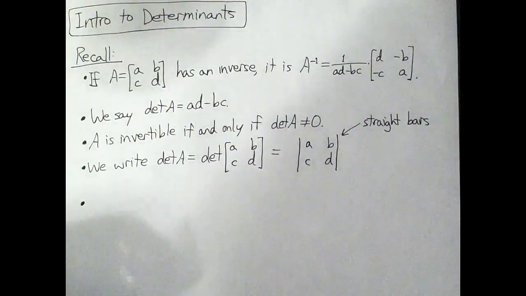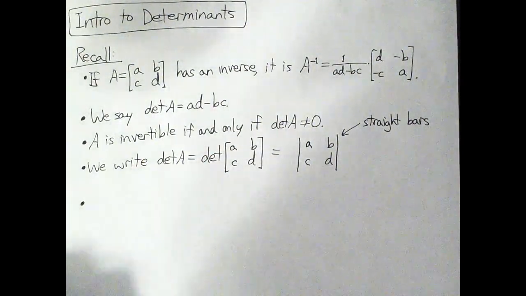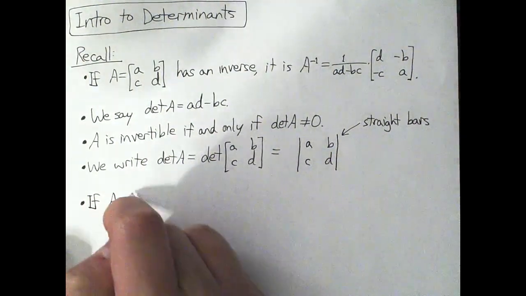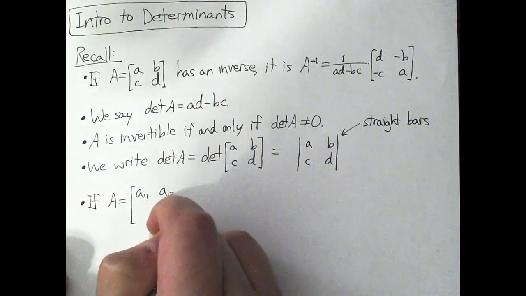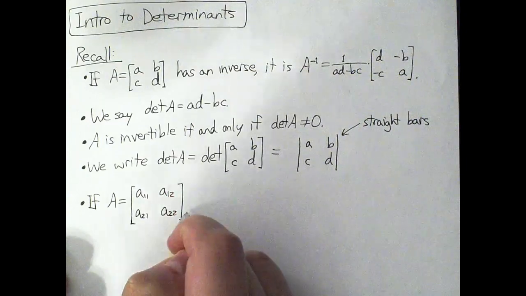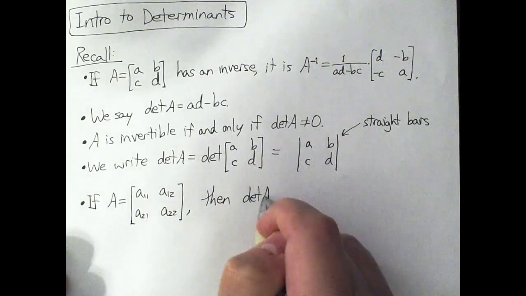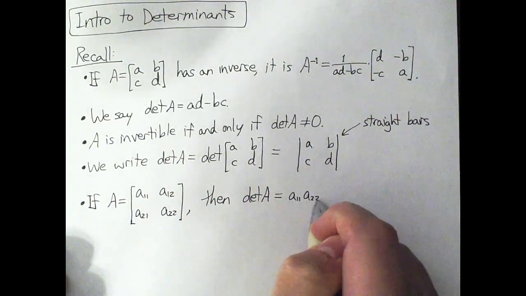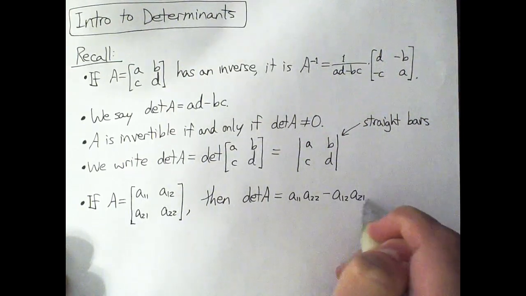Oh, and another thing that I'll say is we wrote this up above with letters like A, B, C, D. But we could also write the matrix as A11, A12, A21, A22. And in that case, the determinant of A is A11 A22 minus A12 A21.